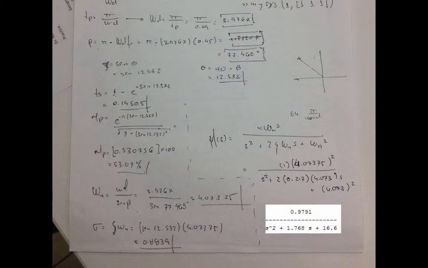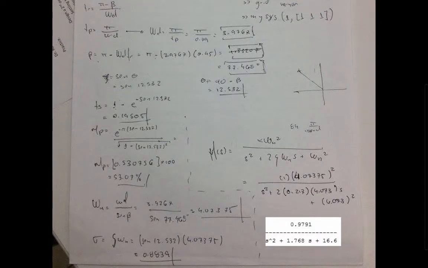So omega t divided by sine of beta is this value. After this, we calculate the sigma. So sigma is equal to c plus omega n. After we do this operation, we got this value.